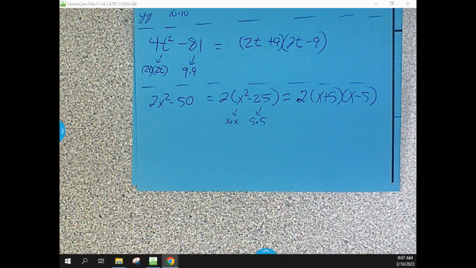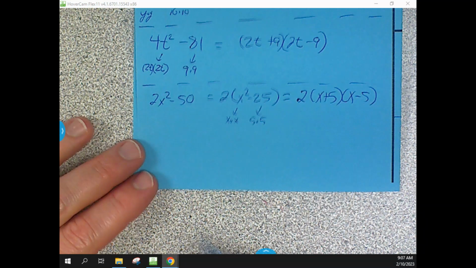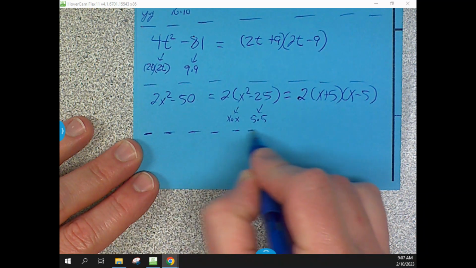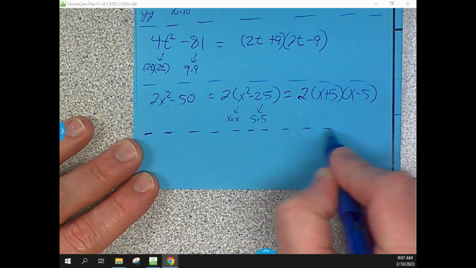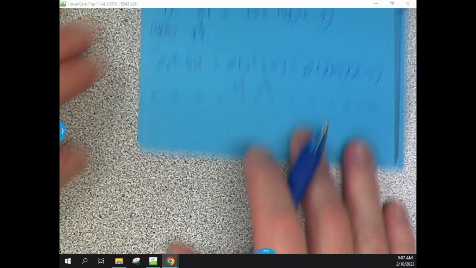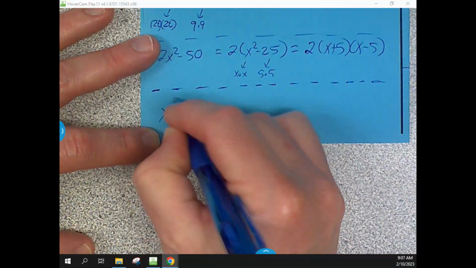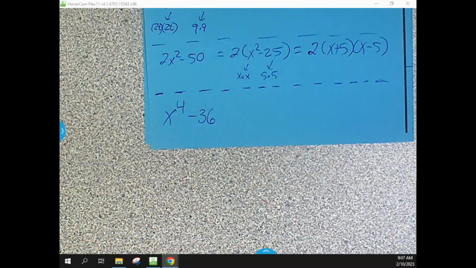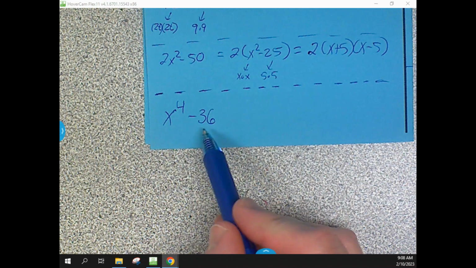All right, now here's where they take one and go one more extra step. This is going to make you think a little bit. So you've got x to the 4th minus 36. 36 we're good with, right? 6 times 6.